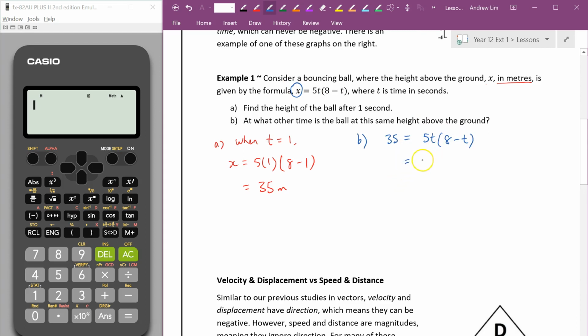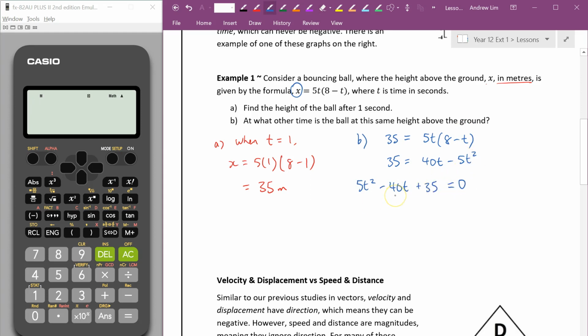I'm going to expand the brackets to give me 40t minus 5t squared is equal to 35. I'm going to move everything to the left hand side to make the t squared positive, because I want a positive t squared. So I have 5t squared minus 40t plus 35 is equal to 0.